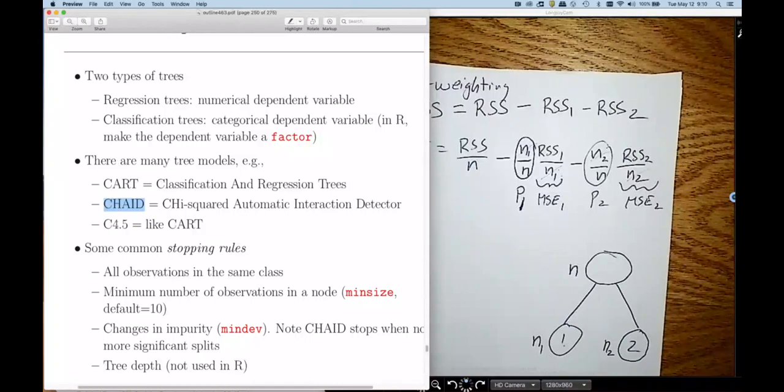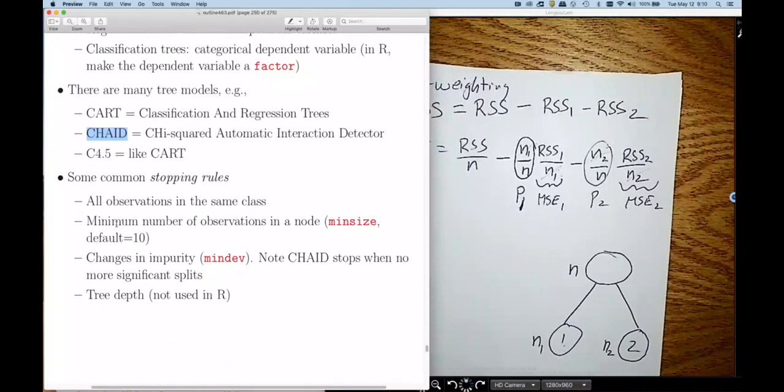A couple other things. I mentioned that we always check stopping rules. Here are some common stopping rules. So if all observations are in the same class, there's no bother splitting it because you have a perfectly pure node. So stop growing the tree there. Another really commonly used stopping measure is the number of observations falls below some threshold, and in R that threshold is 10.